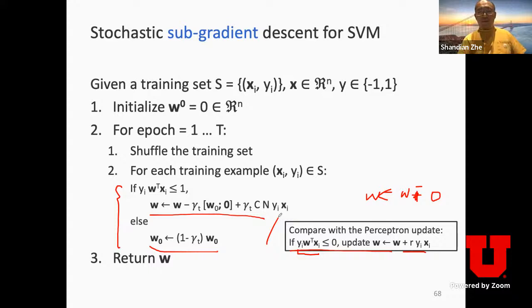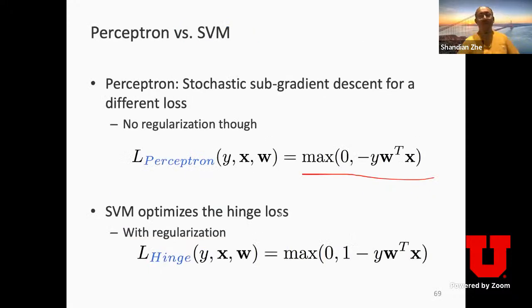Let's try to verify. First, when is this max equal to 0? When the prediction is correct. Let's be a little more detailed. If it is 0, that basically means this term must be less than 0, which means y times w transpose x must be no less than 0.